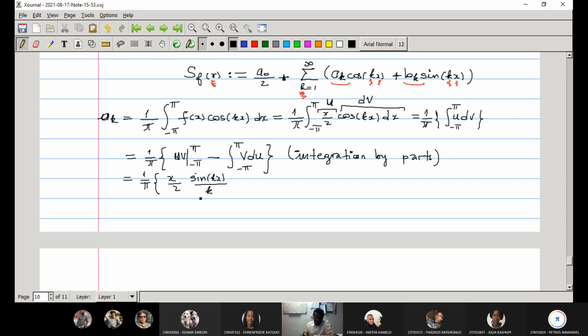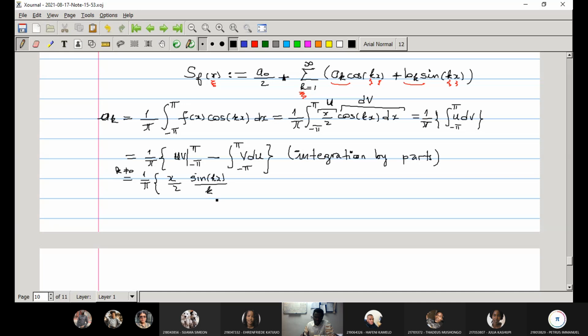not 0. So what I'm writing here is for k non-zero. Otherwise, if k is 0, you see that cosine will be 0, and I will just integrate this one directly. So if I write this, it's for k non-zero. Otherwise, I cannot divide by 0. So here I will say this is true when k is non-zero.